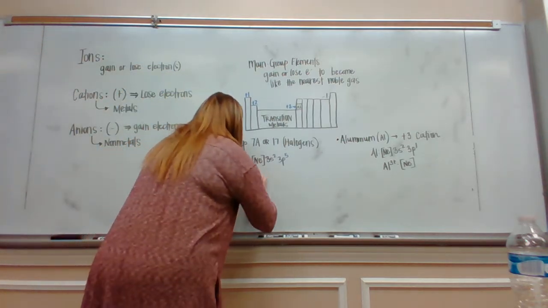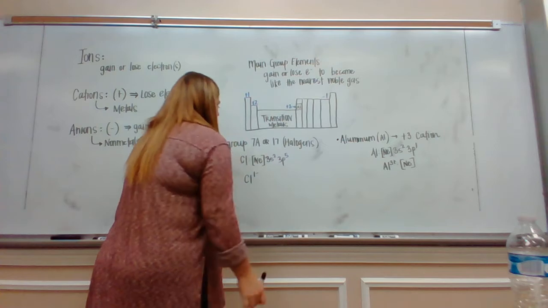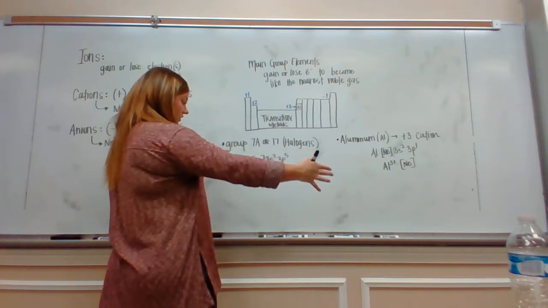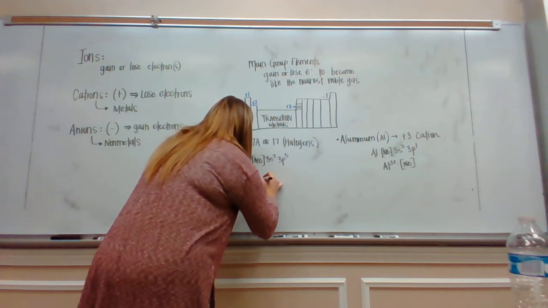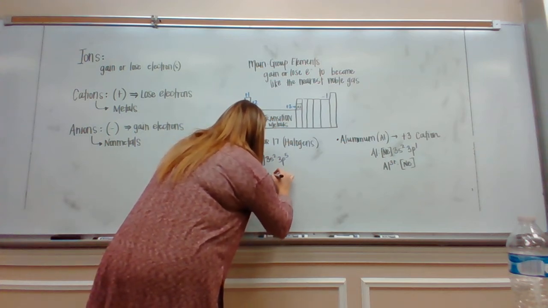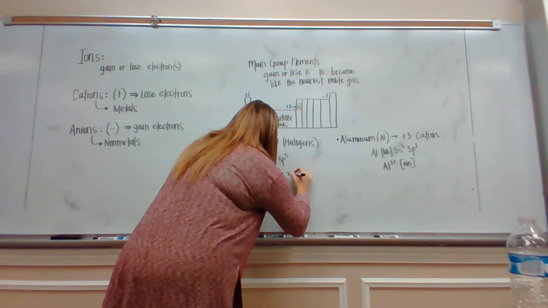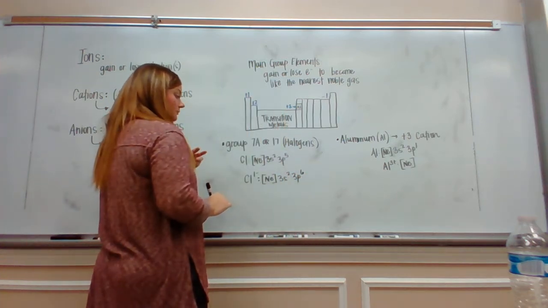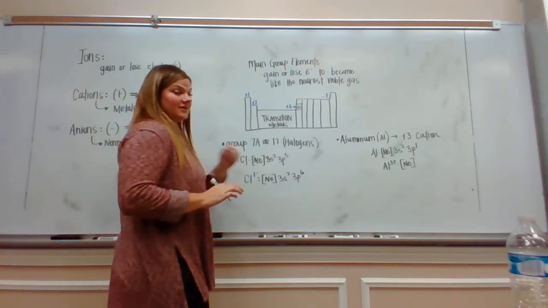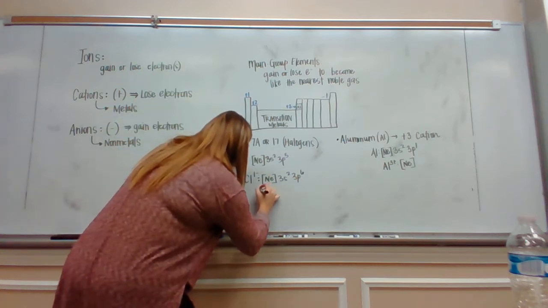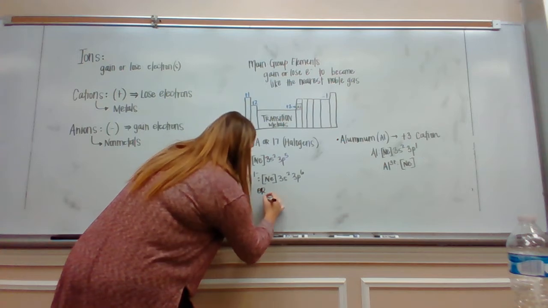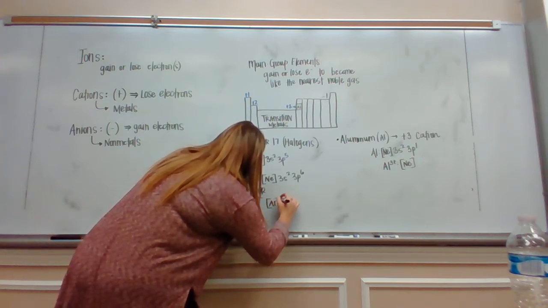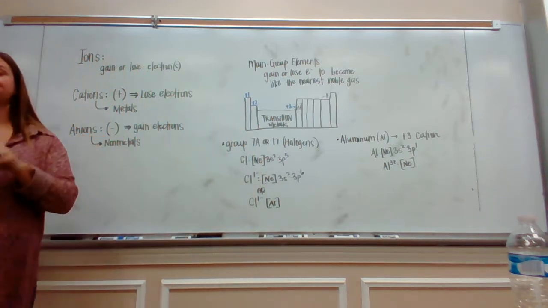Well, chlorine prefers to gain 1 electron, so that's a -1 that I'm going to put on it to show that it has 1 extra electron. It's going to add 1 electron in that p orbital. So you could write it like this, or you could just say Ar.